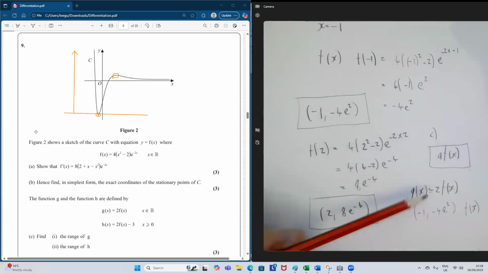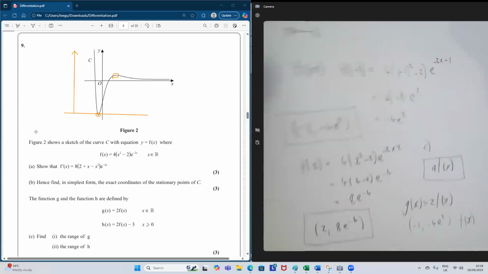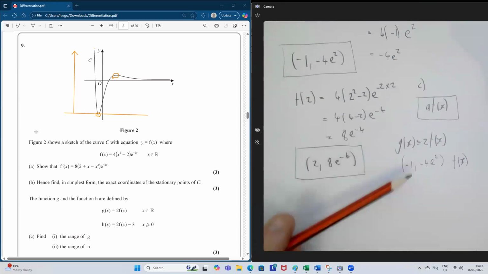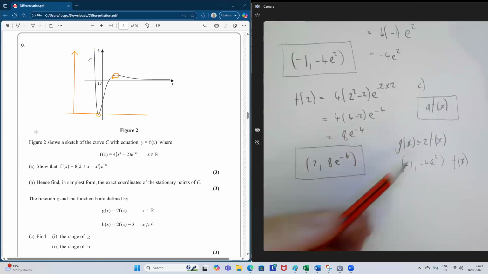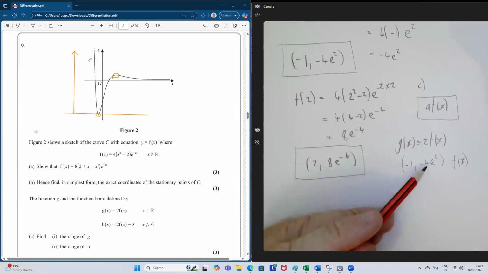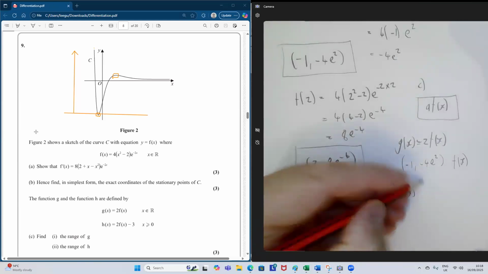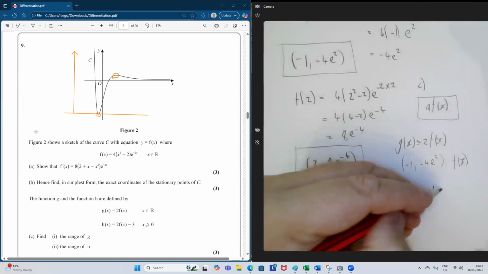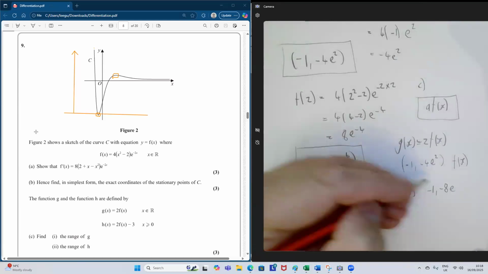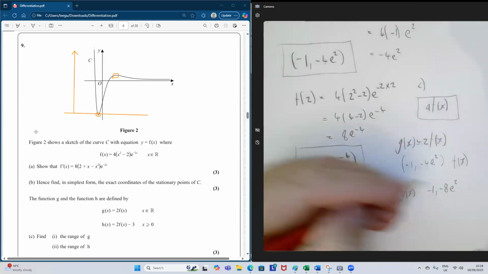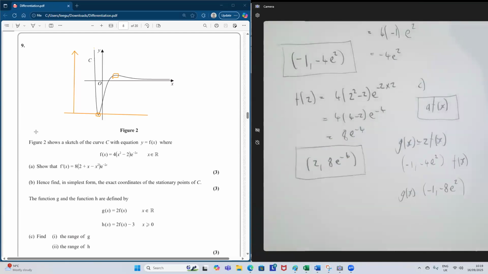So when it gets stretched by scale factor 2 parallel to the y-axis, the x-coordinate remains unchanged, but the y-coordinate is going to be multiplied by 2. So our g of x turning point is going to be given by (-1, -8e squared). So that is the coordinate of that point on the stretched curve g of x.